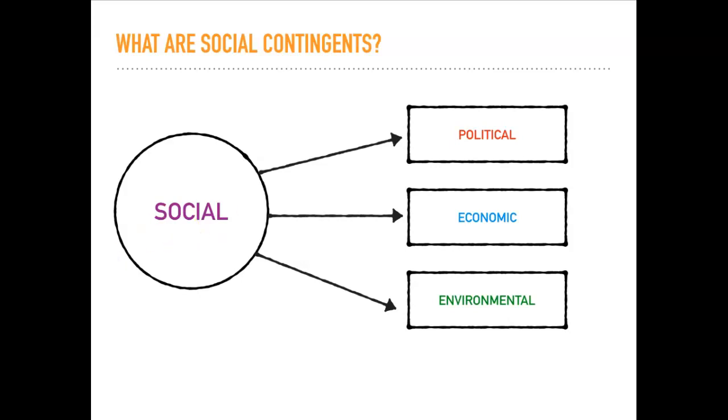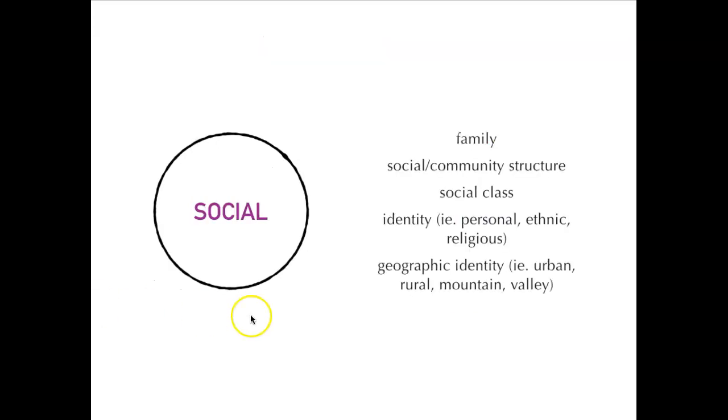So let's take a look at this in a little more detail. As I just mentioned, in the category of social things, we're talking about characteristics like family, social and community structures, social class, identity. Here it could be personal identity, ethnic identity, or religious identity. But it can also pertain to our geographic identity as well.